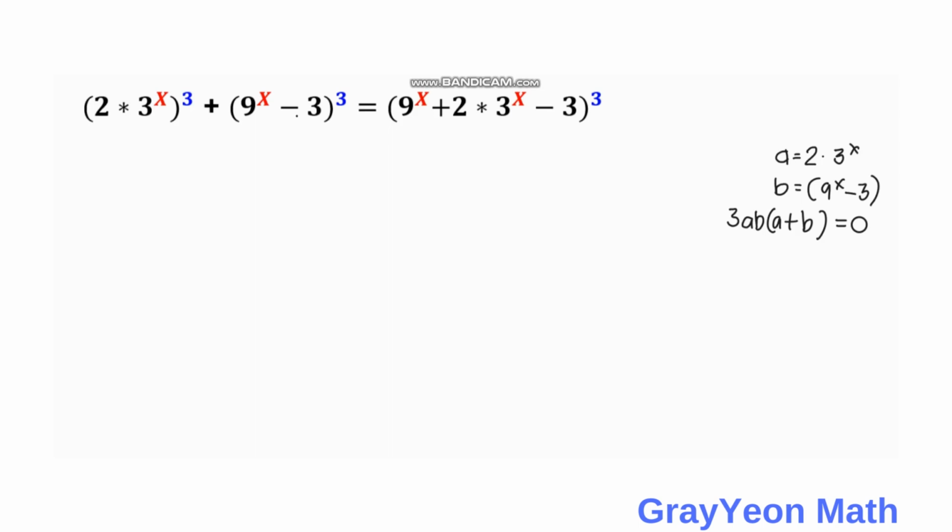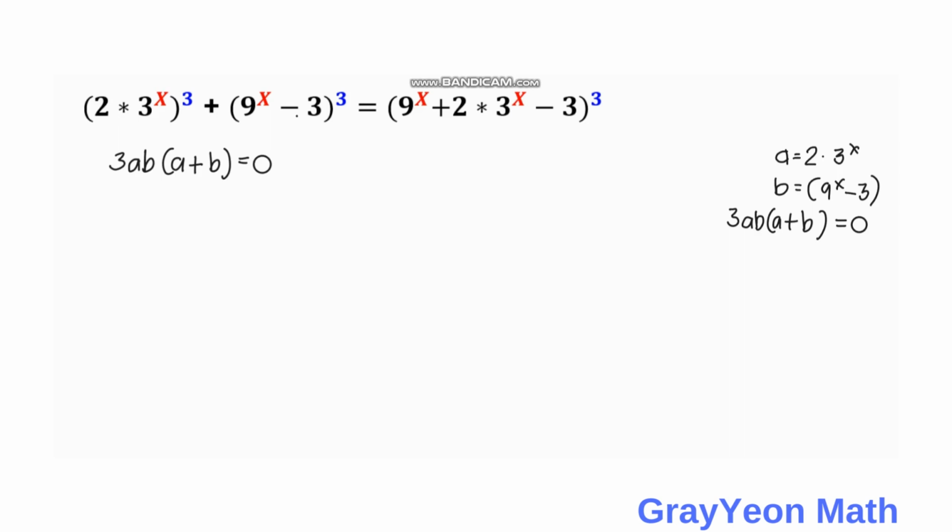The key to solving this equation is that we use the fact that 3AB times A plus B equals 0. If we know that fact, then it's either 3AB or A plus B equals 0.